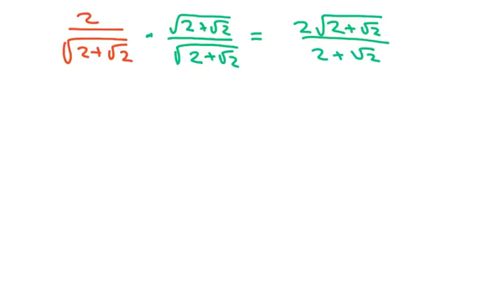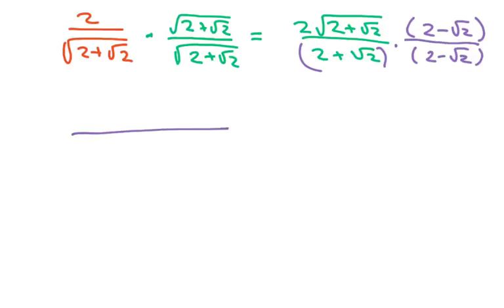Now we're going to go ahead and multiply by the conjugate, which will be 2 minus square root of 2, and this will be 2 minus square root of 2. So for our denominator, which is the part I like to do first, this is your a plus b times a minus b, which gives you a squared minus b squared. So that's just going to be 4 minus 2, because you squared that.